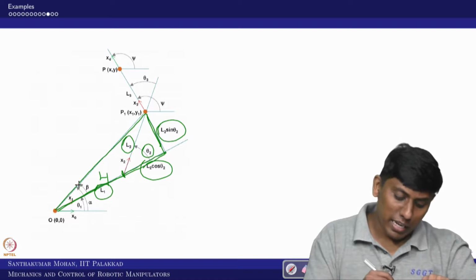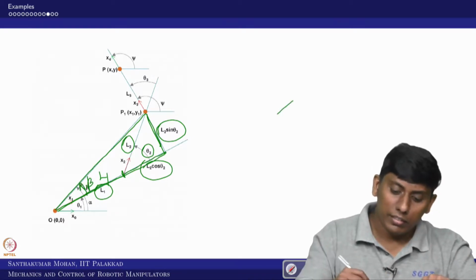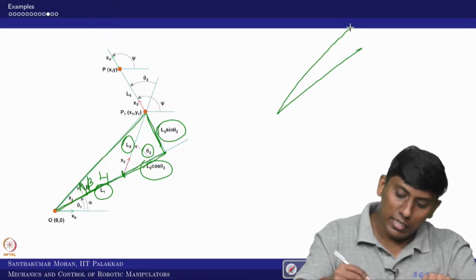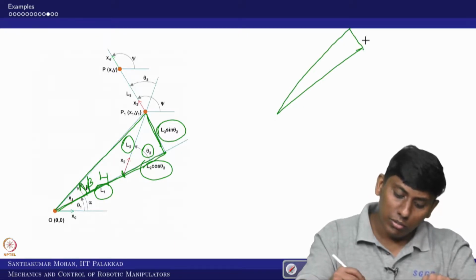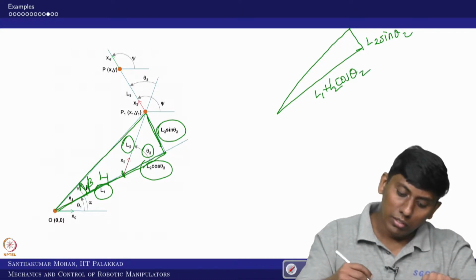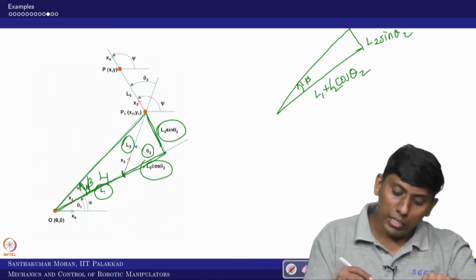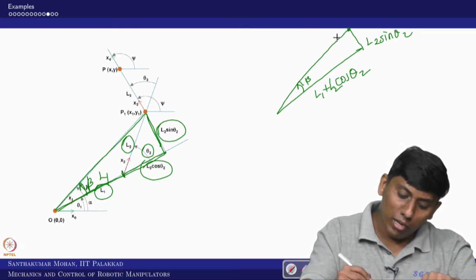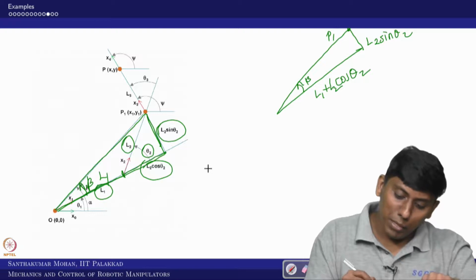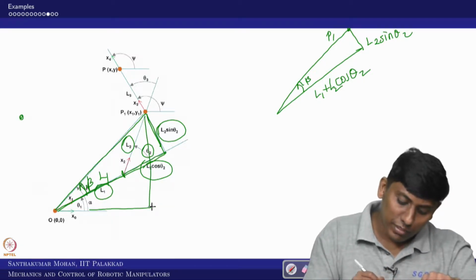Then I can find some angle called beta, okay? So this is L2 sin theta 2, and this is L1 plus L2 cos theta 2. This angle I call beta. Further, what I know is this point is P1, right? The same P1 I can mark on this triangle.